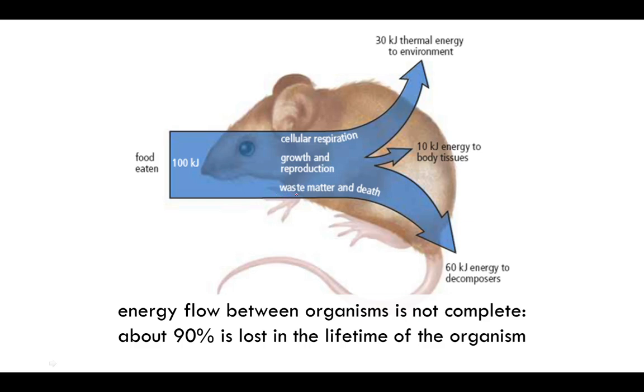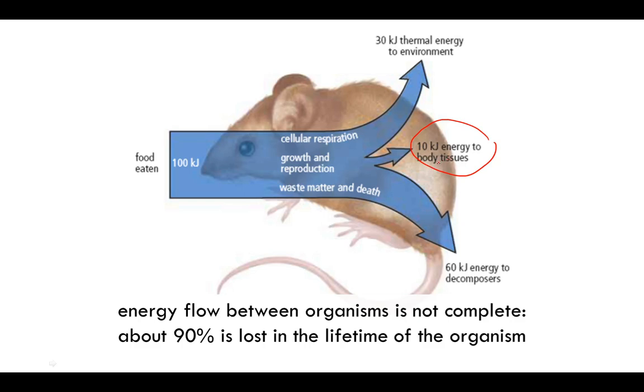Through producing waste, because remember the digestion, the nutrition of animals is very wasteful. Through producing waste and through dying, okay, about 60 kilojoules of that 100 kilojoules will be available to decomposers, okay, but only 10 of the original 100 kilojoules is actually stored, so to speak, in the body of the mouse.